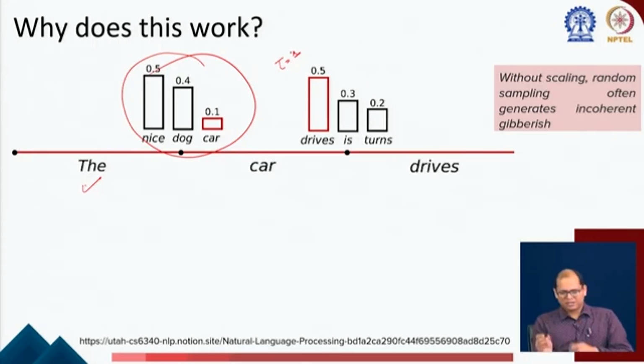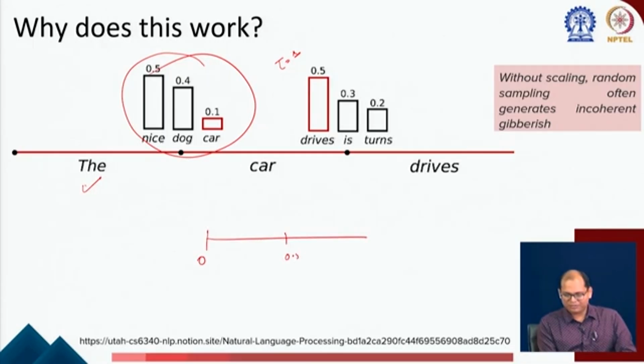You can think of putting them on a number space 0, 0.5, 0.9, 1. If you get a random number between 0 and 0.5, you generate nice, 0.5 to 0.9 generate dog, 0.9 to 1 generate car. Let us say you get a number between 0.9 and 1, low probability but still some probability, so I generate car.